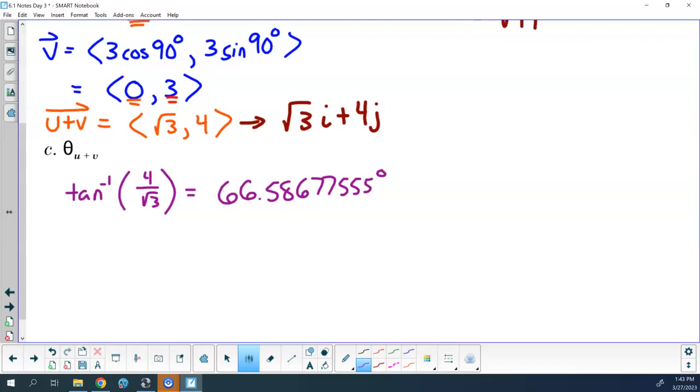Since this vector u plus v is in quadrant 1, since both the horizontal and the vertical components are positive, there is no reference angle, that is just my direction angle. So I would say here 66.59 degrees for a direction angle.